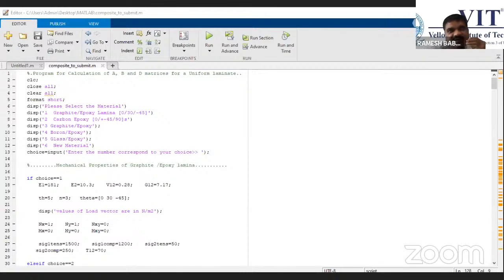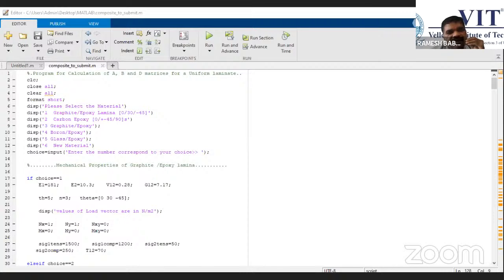So in that case, what you can do is make specimens. There are ASTM standards according to which the size and all will be given. According to those guidelines, you can make a specimen and perform the test in the laboratory itself. There are various tests to find the E value and the G value. From there, you can find material properties like Young's modulus, shear modulus and even Poisson's ratios.